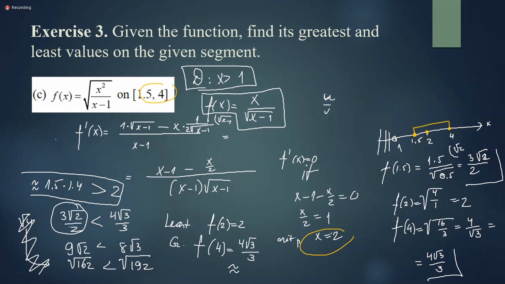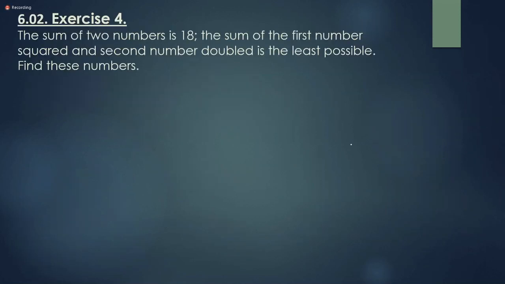Now, next, let's say subtopic, again dealing with optimization. So, for example, a word problem. The sum of two numbers is 18. The sum of the first number squared and second number doubled is the least possible.